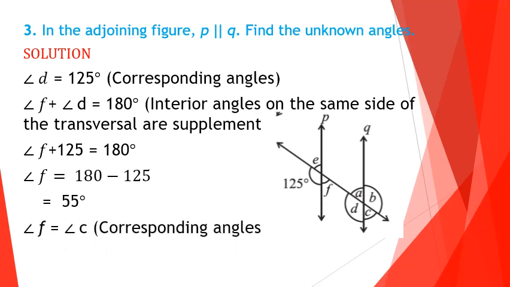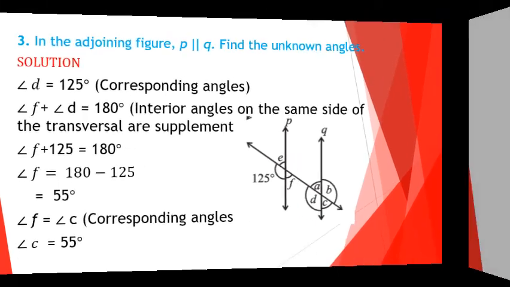If we know angle F, then angle C will be the same because angle F and C are on the same side of the transversal and both angles are below the lines. Hence, they are corresponding angles. If the lines are parallel, corresponding angles are equal. Hence, if F equals 55 degrees, angle C is equal to 55.